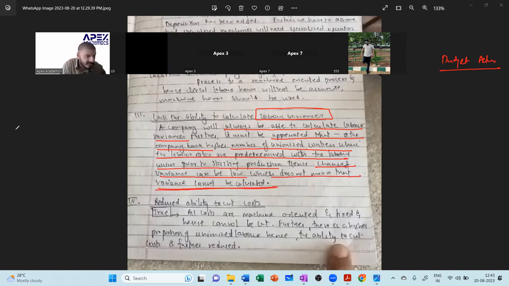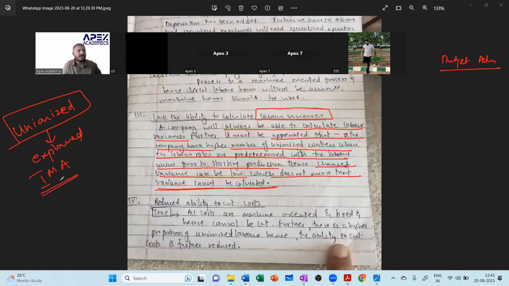The word unionized has not been properly explained by your Institute of Management Accountants of America. What is the meaning of unionized? Unionized means there is going to be some kind of an accord between both these people: okay, keep the union happy, the union will keep the factory happy. That has to be seen.